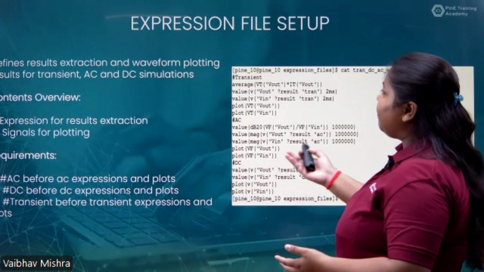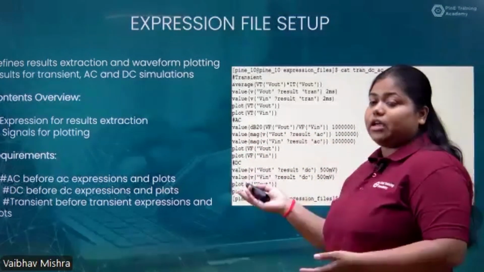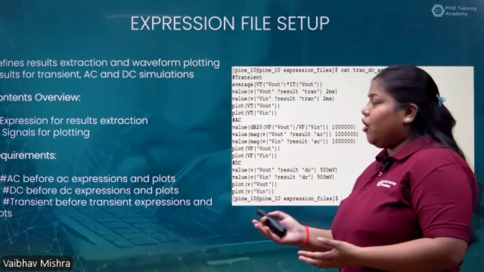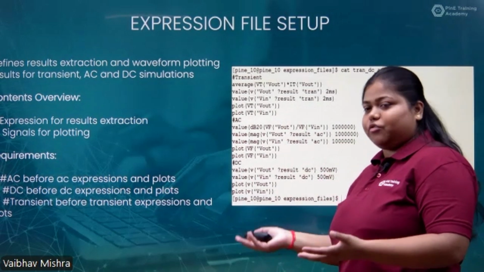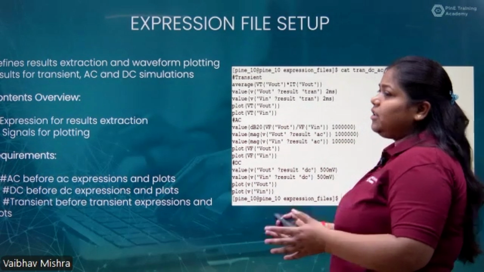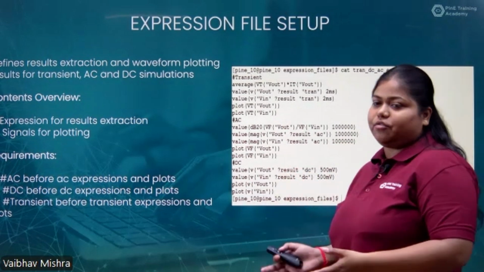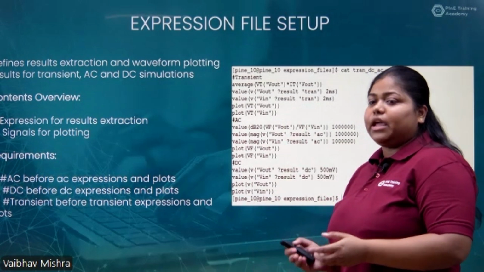For example, if you have given expressions for the transient analysis, or in the AC analysis we have provided the gain expression, where you can write the expression to find out the gain of the particular circuit. One thing: if you have not written any expression file, then at the end of the project no output will come in the result file.